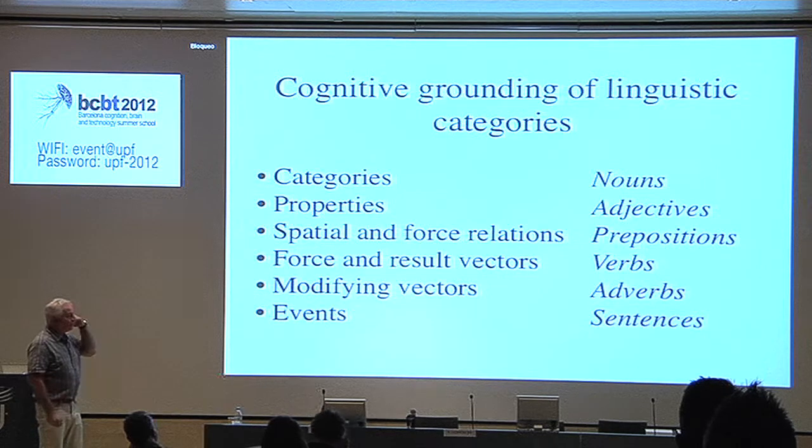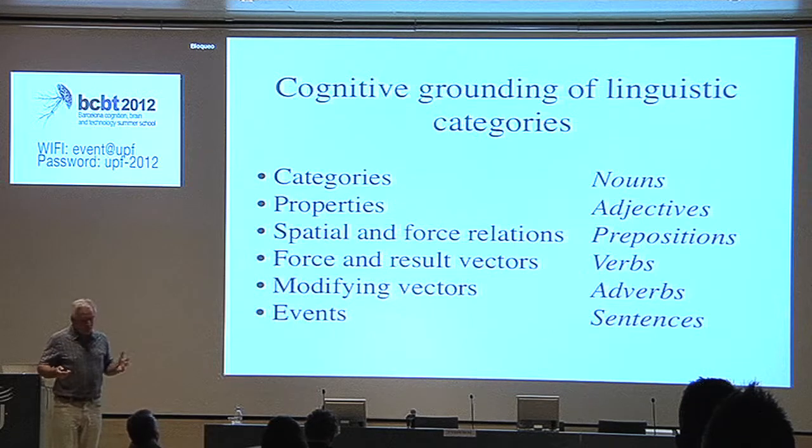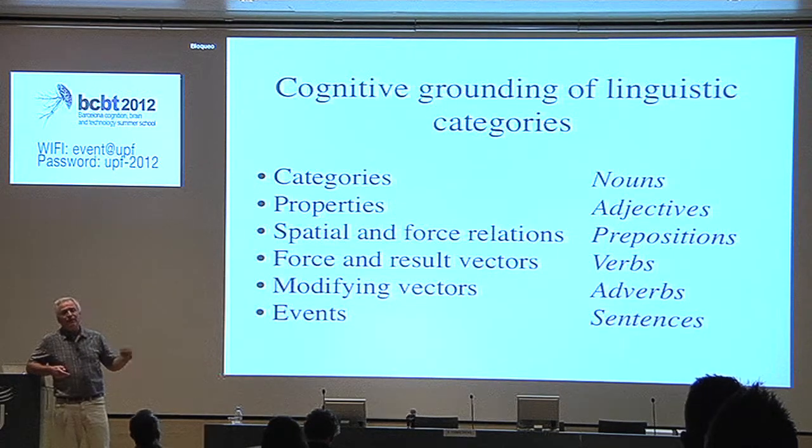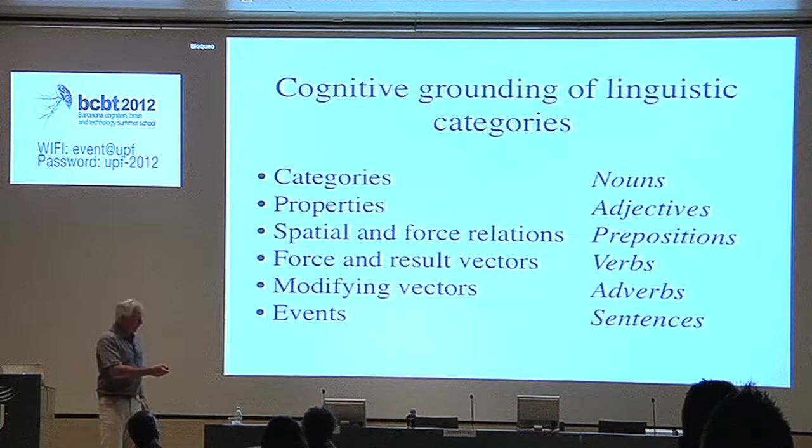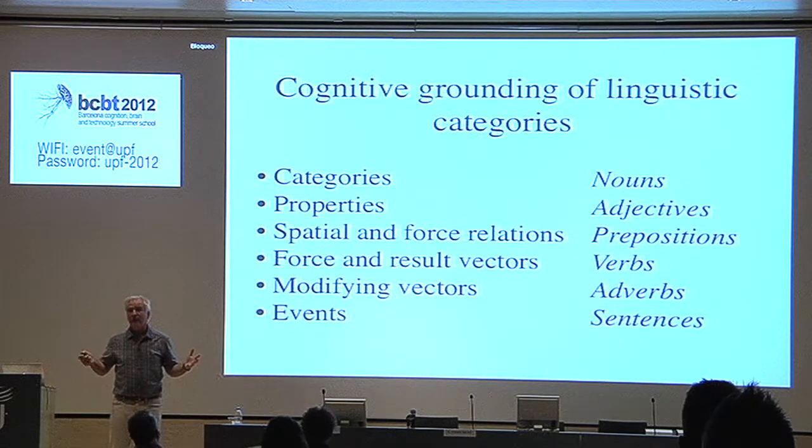But that's another story. So I just put up this picture because this is part of my general semantic program, to use conceptual spaces to give some kind of cognitive semantics for word classes. If you look at traditional linguistics, people normally define these word classes in terms of syntactic properties.